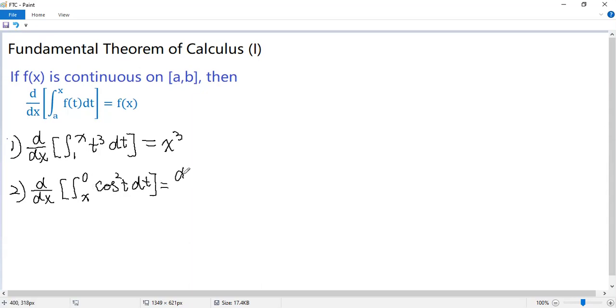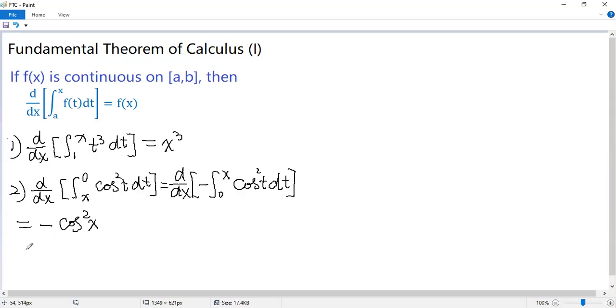So we get the derivative of the integral from 0 to x, but you need to put a negative here, so we get negative cosine t squared dt. Now we can apply the formula. So we get negative, replace t by x, so we get cosine x squared.